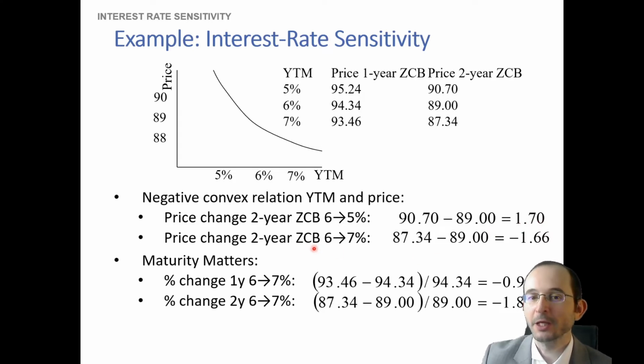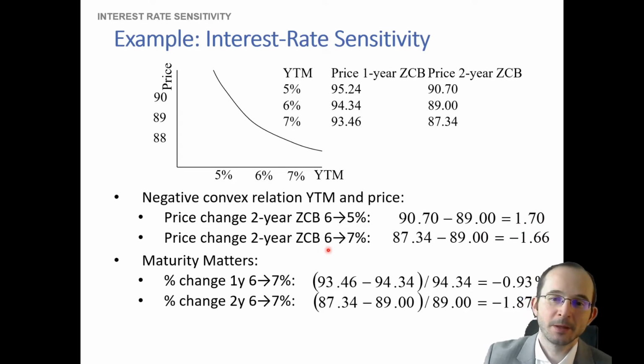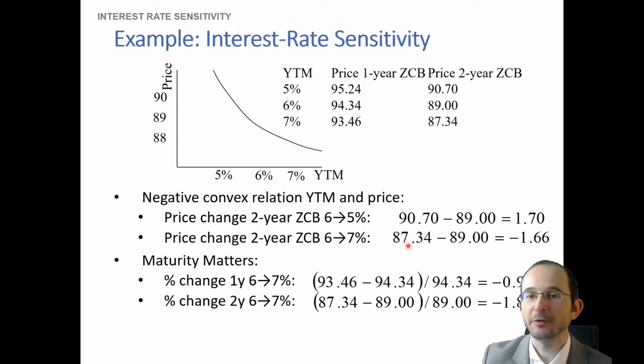Now what about an increase in interest rates? That same 2-year zero coupon bond that had a present value of $89 when you discount it at 6% now will have a lower present value when you discount it at 7%, of 87.34. In other words, it falls in value by $1.66.